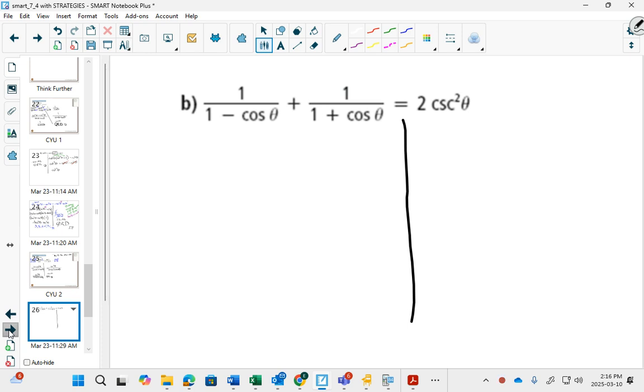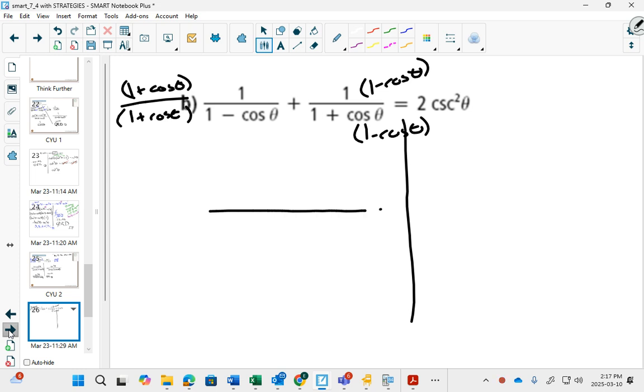How do you combine things as a single fraction? You need a common denominator. So, what would be my common denominator? This one needs to be multiplied by 1 plus cos theta and 1 plus cos theta. This one is going to need to be multiplied by 1 minus cos theta and 1 minus cos theta.